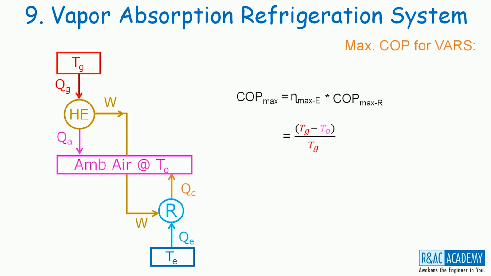And the maximum COP for a refrigeration system is nothing but Carnot COP, and in this case the Carnot COP would be TE divided by TO minus TE. Therefore, this is the expression to compute the maximum COP that could be visualized for a vapor absorption refrigeration system.